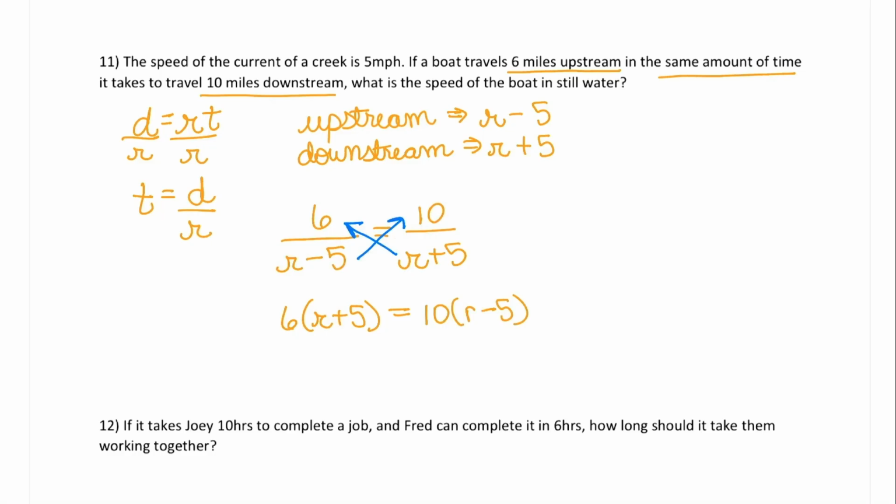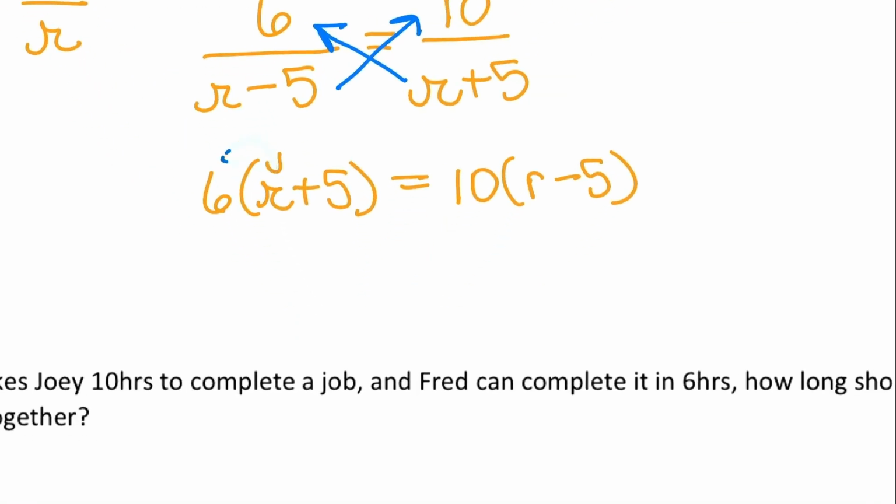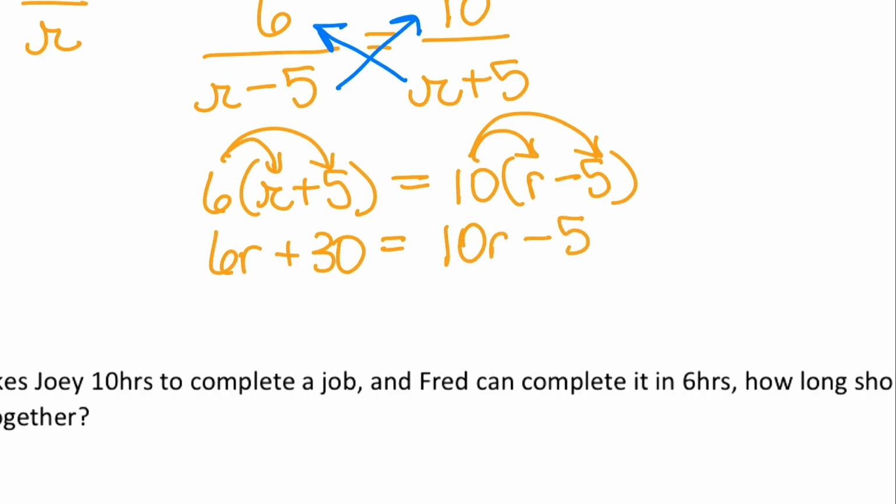5. Now we are going to distribute both terms, and we're going to have 6r plus 30 equals 10r minus 50. We're going to combine like terms here, and at the same time we can add 50 over.